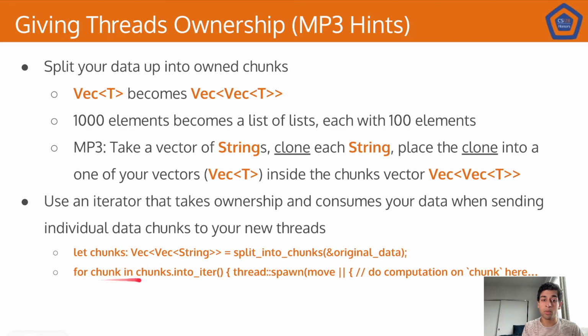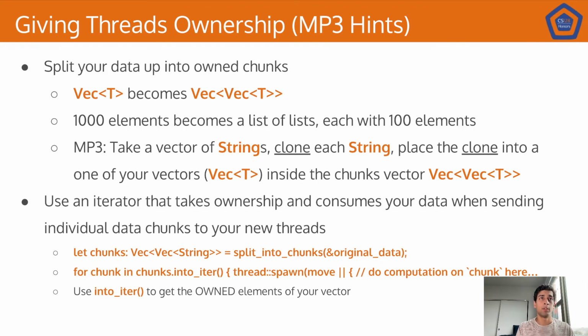So chunk is owned, so you can move that owned copy into the thread. So this into_iter is super, super important. Chunks into_iter, and then move that chunk into your thread, call thread spawn, do whatever computation you'd like on chunk, and then continue on. So use into_iter to get owned elements of your chunks vector. So you move the owned chunk into your thread.